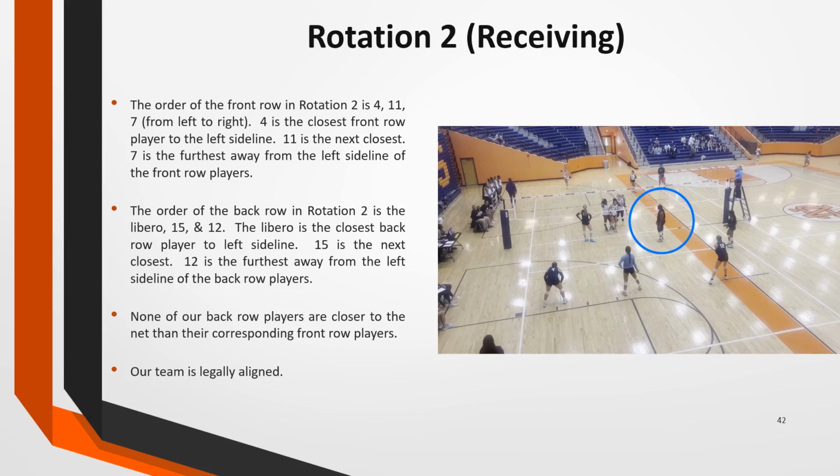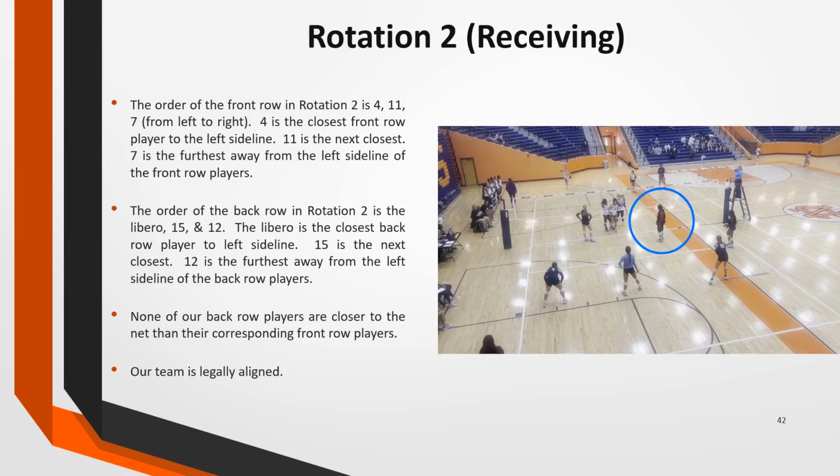Back row order. Our libero in light blue, our setter, number 15, and number 12. They almost form a letter V, if you will. Our libero is obviously the closest back row player to the left sideline. Number 15 is the next closest to the left sideline of the back row players, and 12 is the furthest away. So we're good with our back row players as far as the left sideline.